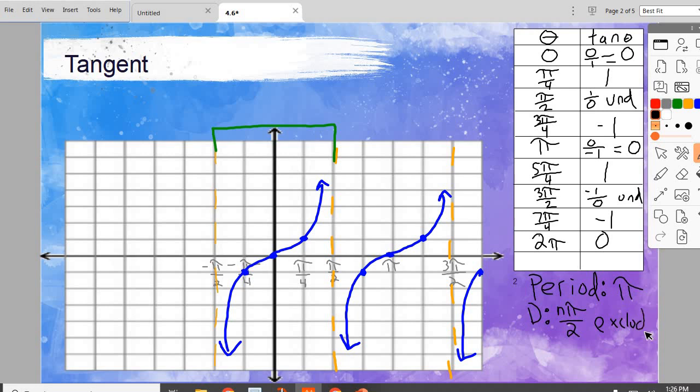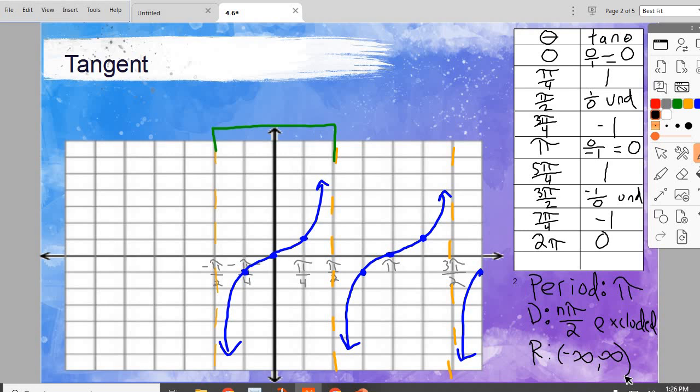So it cannot equal those. But also notice for our range this time, it's going to be all real numbers, because it goes on forever up and down. So we're not going to have a maximum or a minimum. Are we all okay with that?